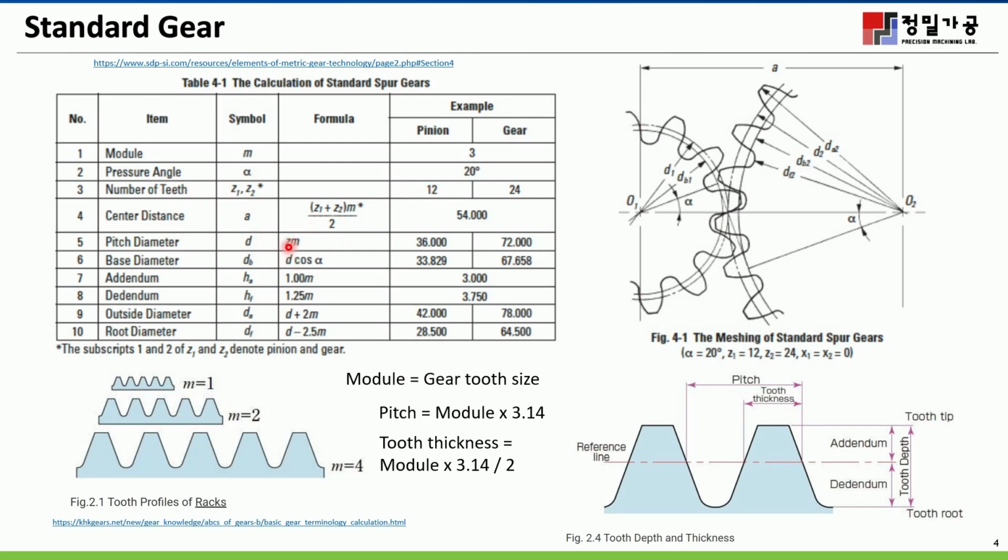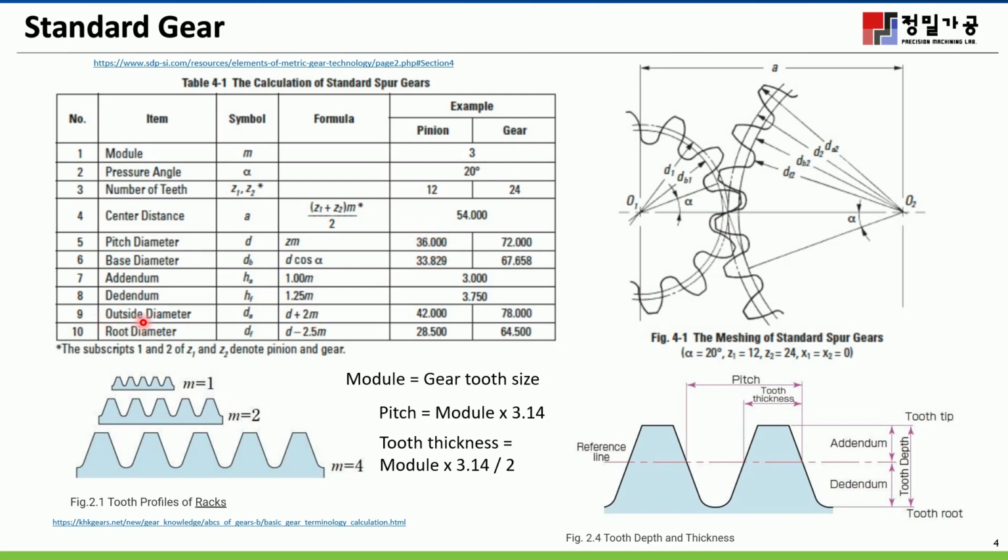Number of teeth Z, for example, here for the pinion gear, which is the small gear, and the larger one is the gear. So the pitch diameter is teeth multiplied by module, so the pitch diameter is equal to 36.